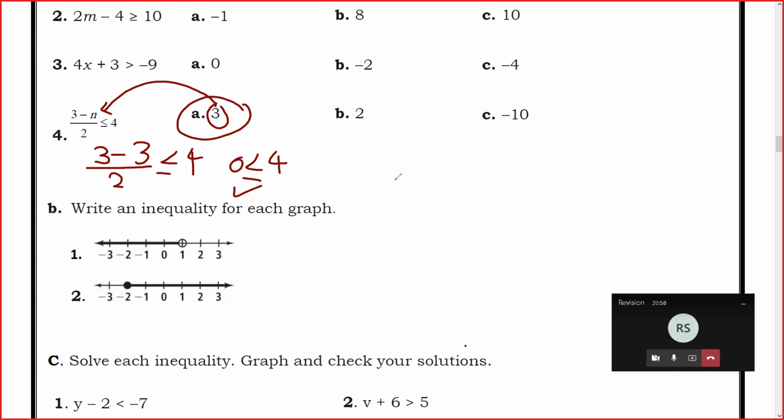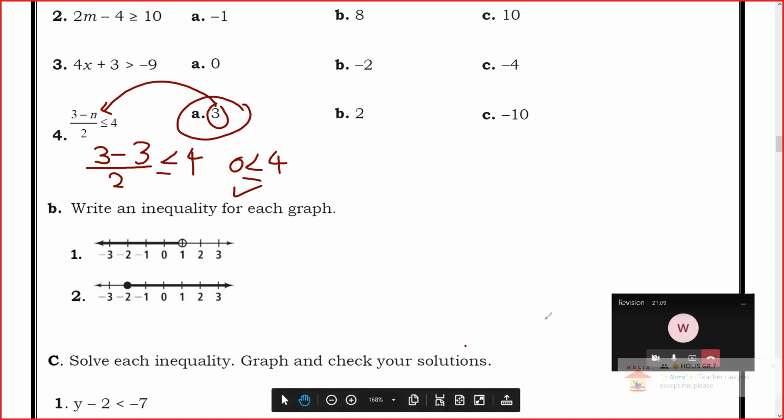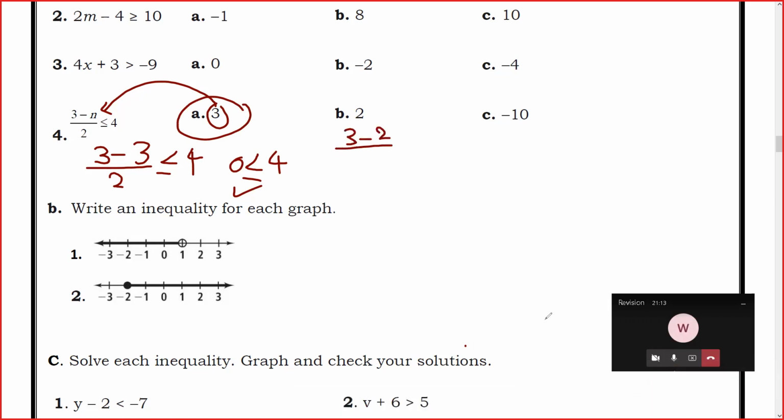Now, let's choose Wajd. Yes, Wajd. 3 minus n over 2.